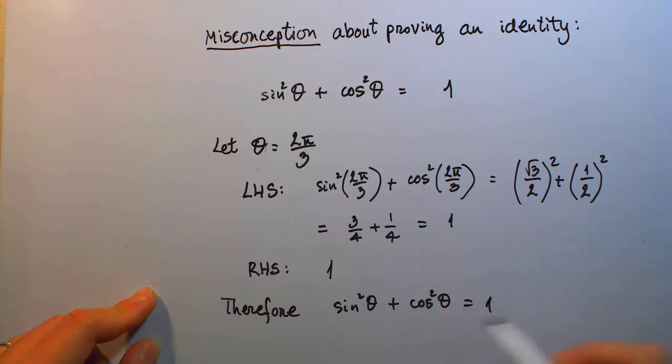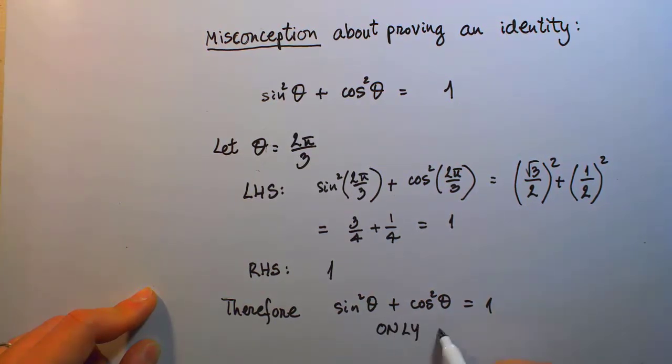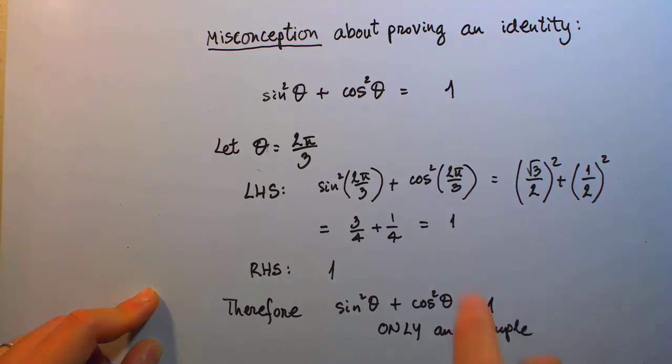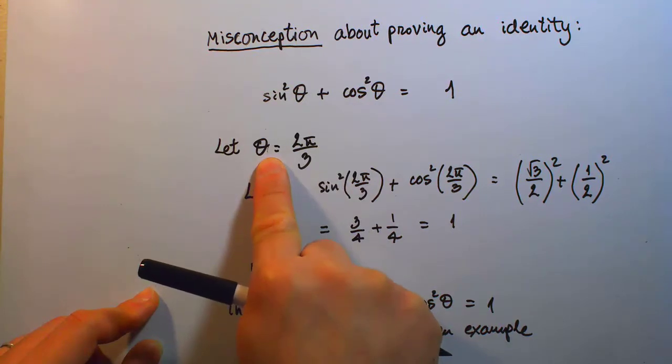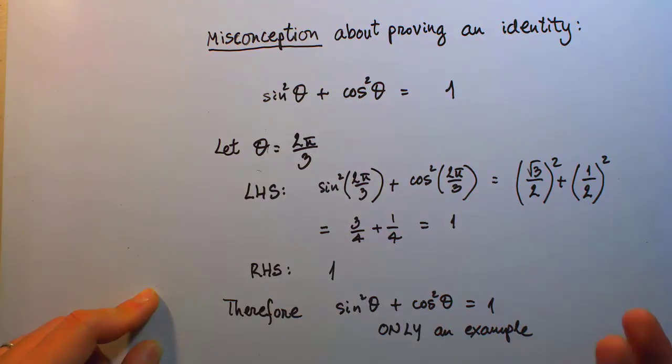However, unfortunately, again, this is only an example. Because who knows, it works here in this example where we let theta equal 2 pi over 3, but at another value it's going to fail, and we don't have time to search for all different values out there. So this is not a proof.